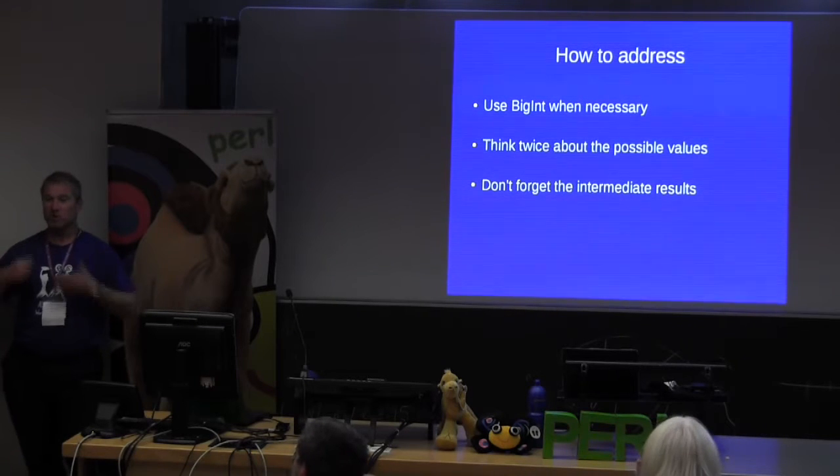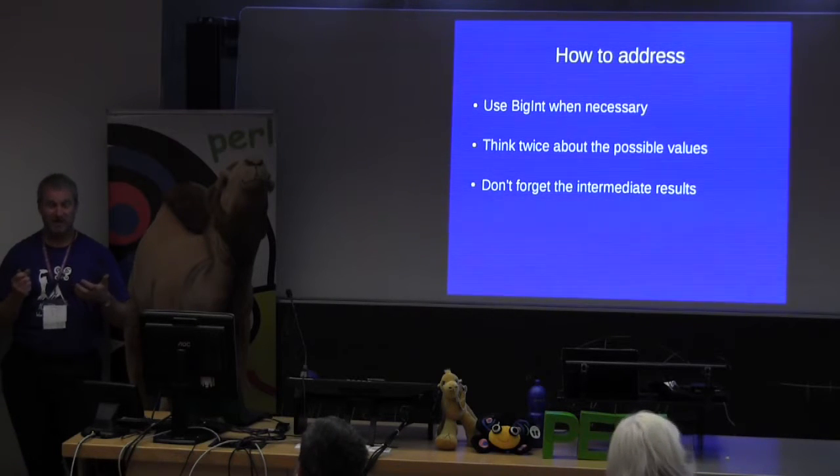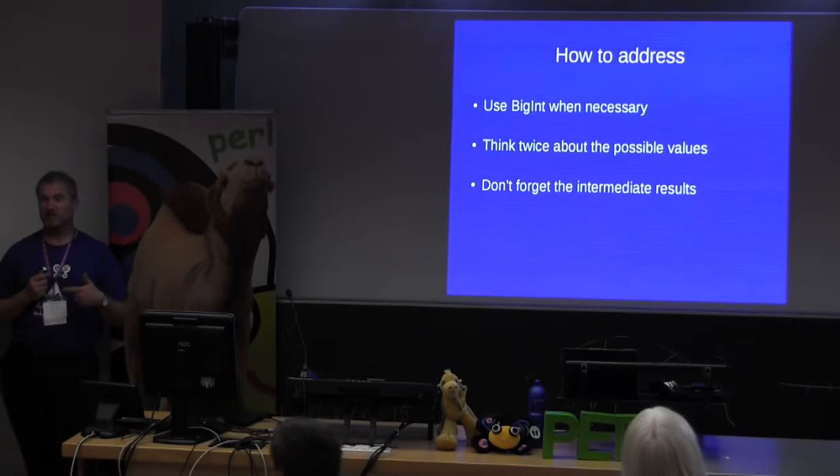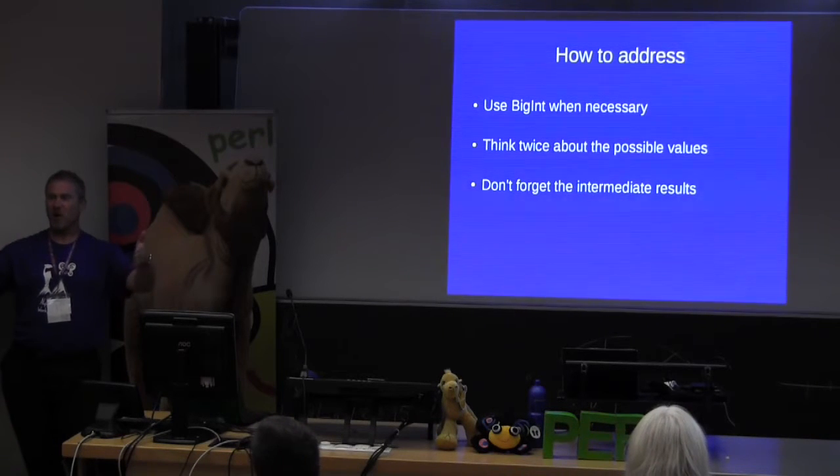It's always good to think about what's happening in our application and to understand it. But you have to think of the intermediate results, because you say, okay, I get something out that fits very well in the machine integer.